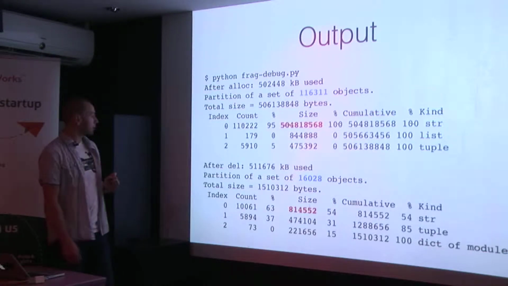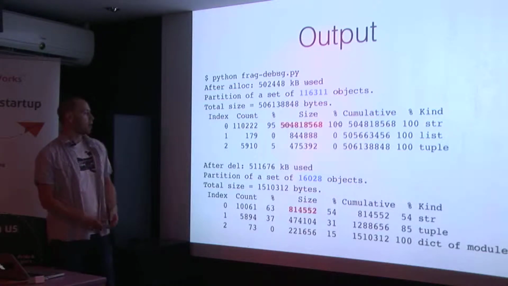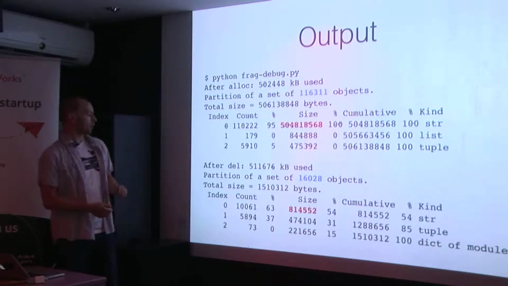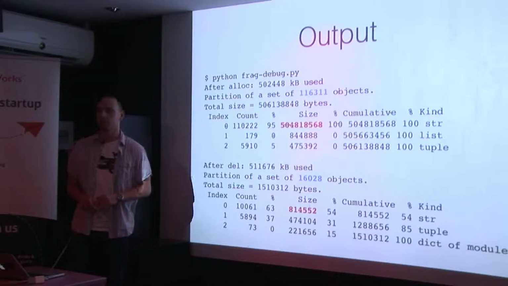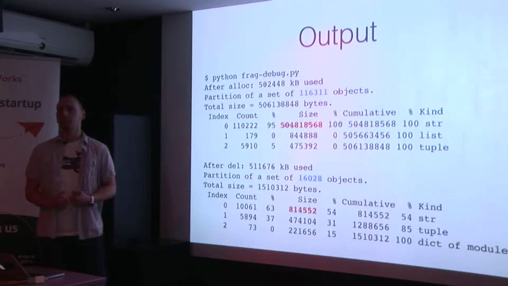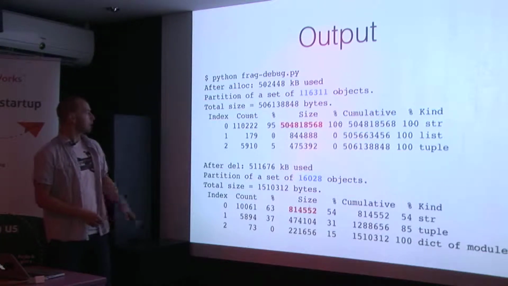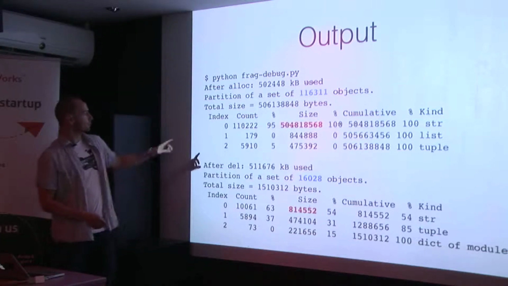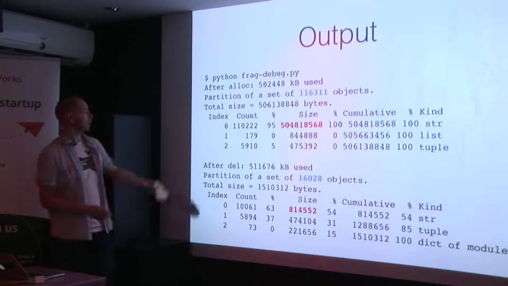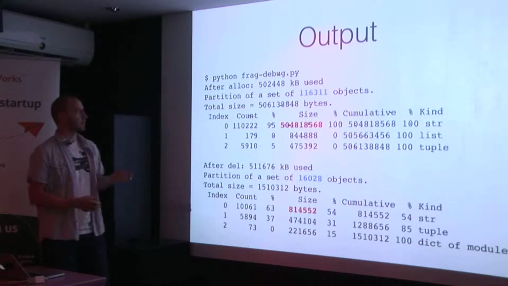After using the del keyword, the program, as reported by the system, is still using half a gigabyte of RAM, but uses only 15 megabytes of memory that's available to Python, or that Python tracks. And we have only 10,000 strings, which corresponds to the amount of strings we released, right? We had 110,000 strings before. Now we have 10,000, so we released 100,000 strings, which is good.